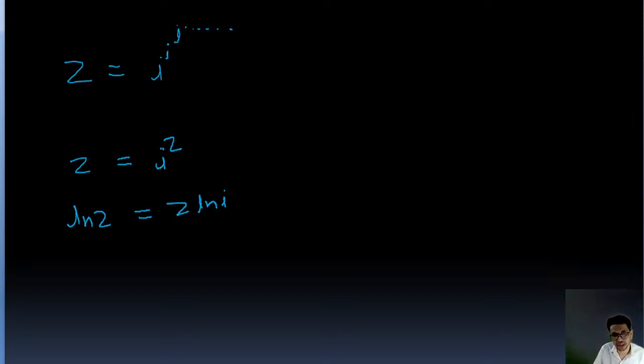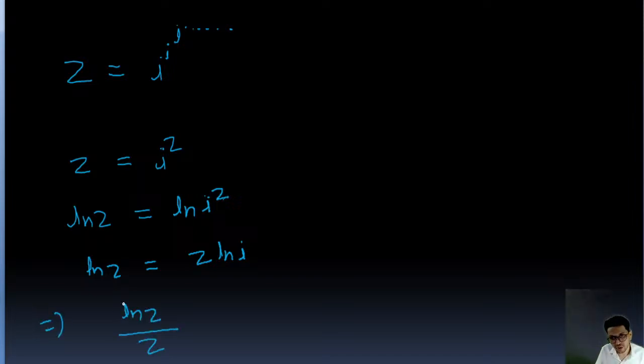And that property, I'll write this as well. So we have taken ln iota to the power z. We'll use the ln log property. So ln z equals z ln i, which implies ln z upon z, or 1 upon z into ln z, is going to be ln i.